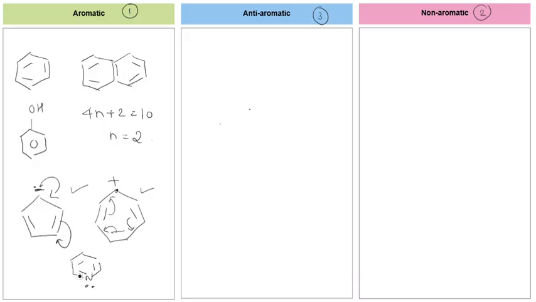Now look at this, 2, 4, 6, 8. So it's supposed to be anti-aromatic, but why am I explaining it as aromatic? Because these lone pairs are perpendicular to the plane of these electrons. So they are not involved in resonance. They are not in conjugation. Therefore, only these 6 electrons are involved. Hence, it is aromatic in nature.